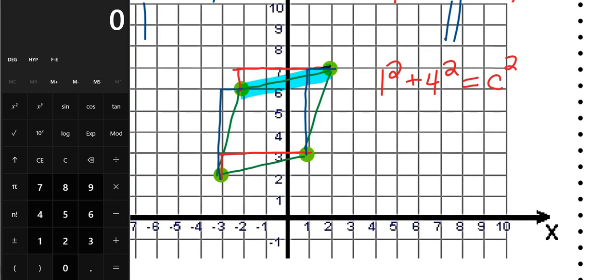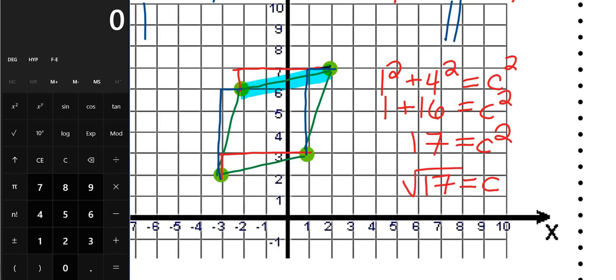In other words, my side length squared. 1 squared is 1, plus 16 equals c squared. 1 plus 16 is 17. That gives me c squared. Lastly, I square root both sides, so the square root of 17 is your c value. Okay, so that's the top side length. That's square root of 17. Let's look at some of the others.